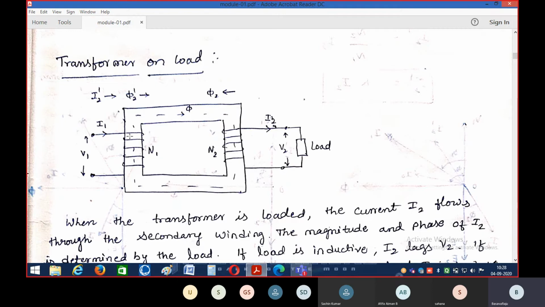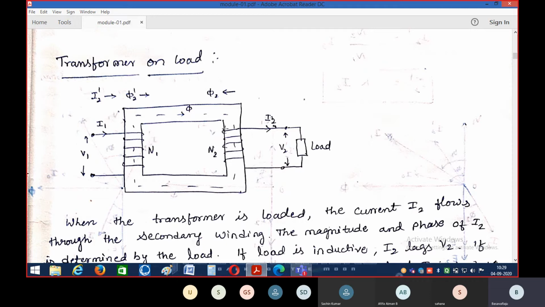The induced EMF in the primary winding is denoted with E1, which represents the statically induced voltage in the primary winding. E2 is the induced voltage in the secondary winding.